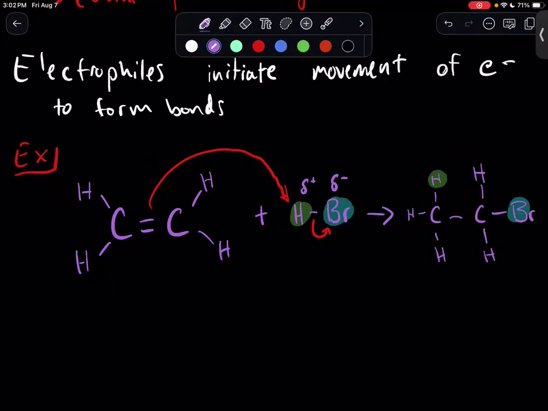A couple things to note is that when we have this attack, we actually end up having heterolytic fission, a reminder from our previous video, occurring between the hydrogen and the bromine. This also, now that this bond is broken, creates those 2 bonding positions, which we see here and here, which are then bonded to by our now hydrogen and negative bromine.